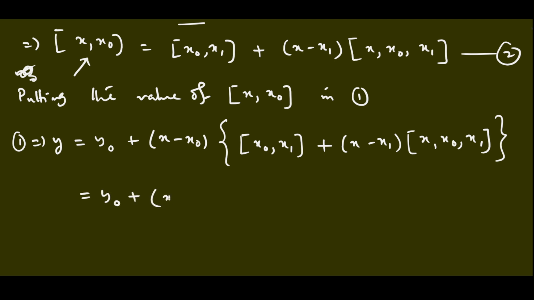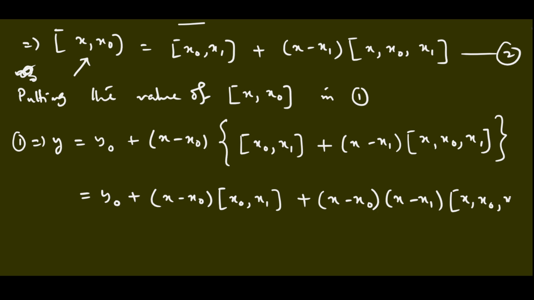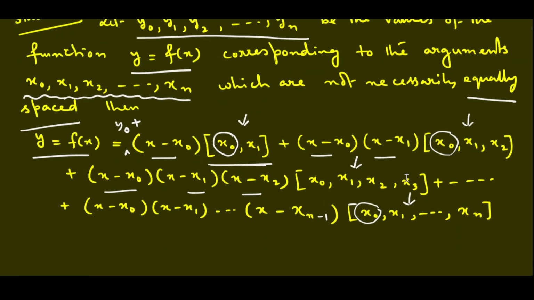y naught, then x minus x naught, then x naught x1 plus x minus x naught, x minus x1, and then x naught x1. So this is the first term in the formula, y naught. If you still remember the formula, the first term is y naught.